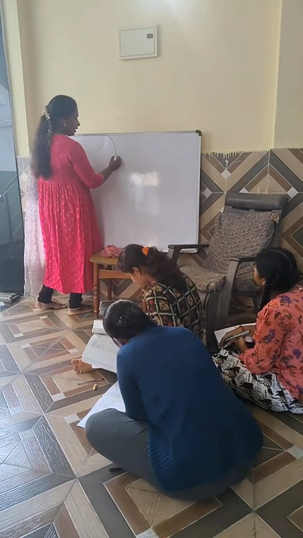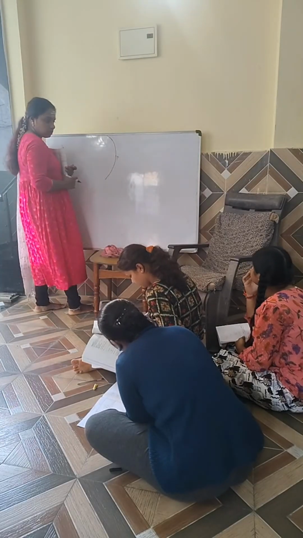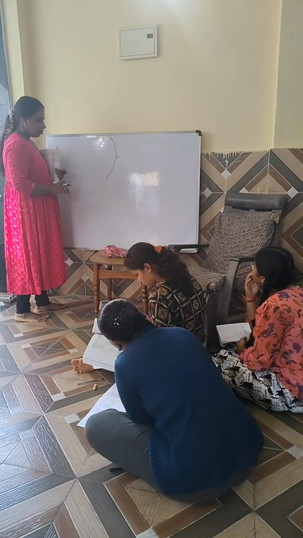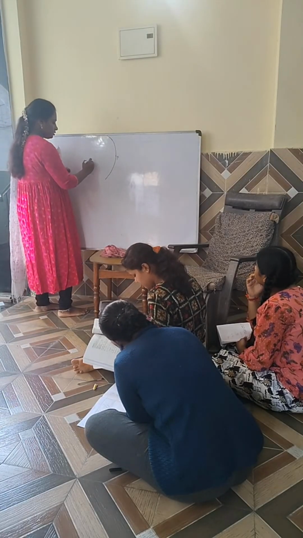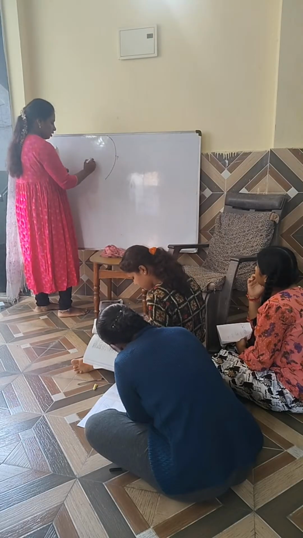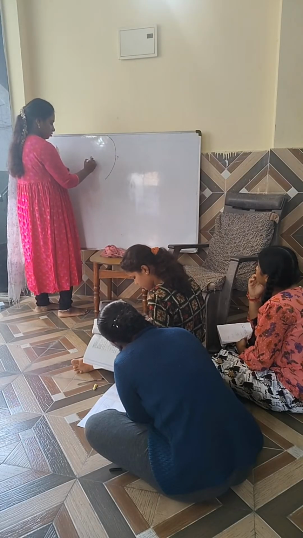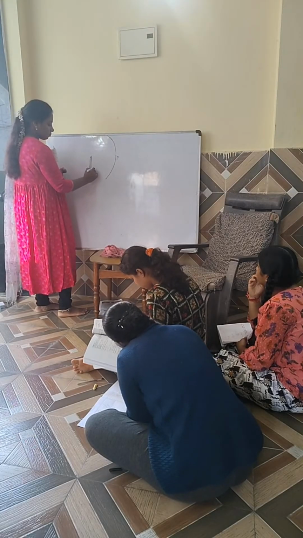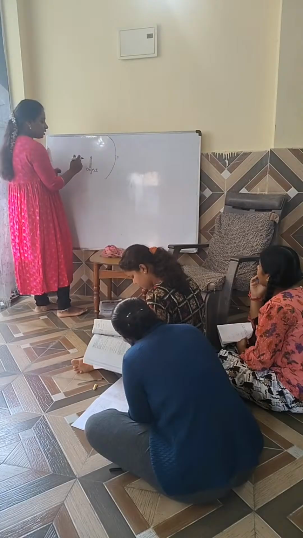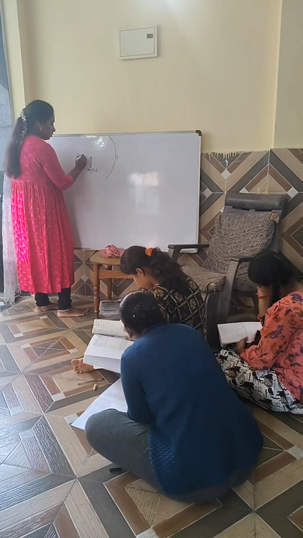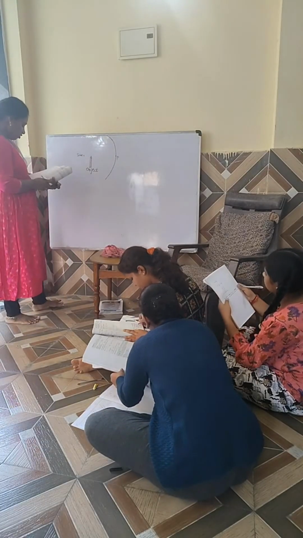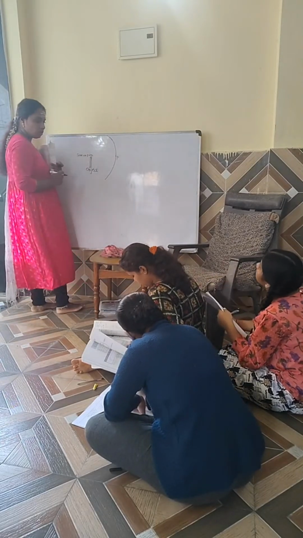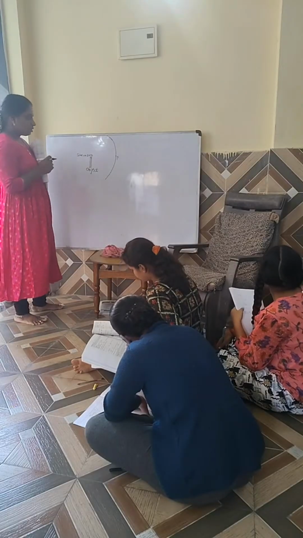The object is placed. Any object you take, suppose imagine one pencil is there. This is the object. What is the size? Size equals 4.0 centimeter.